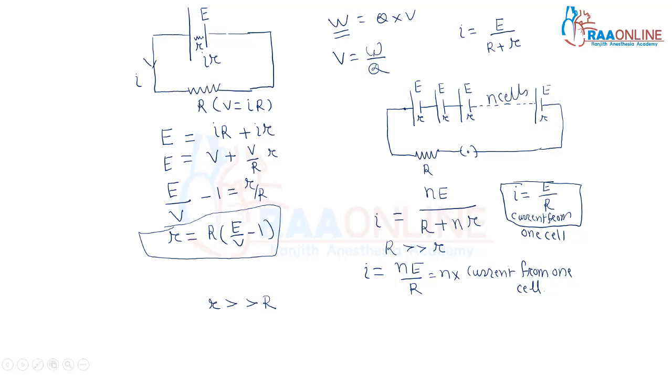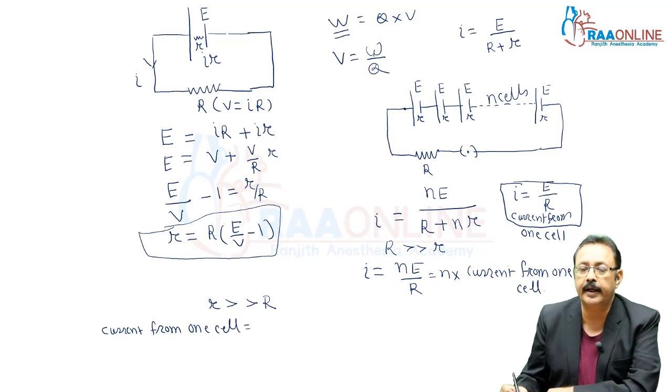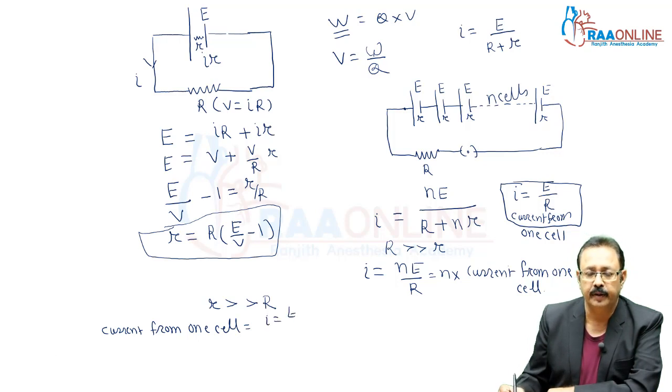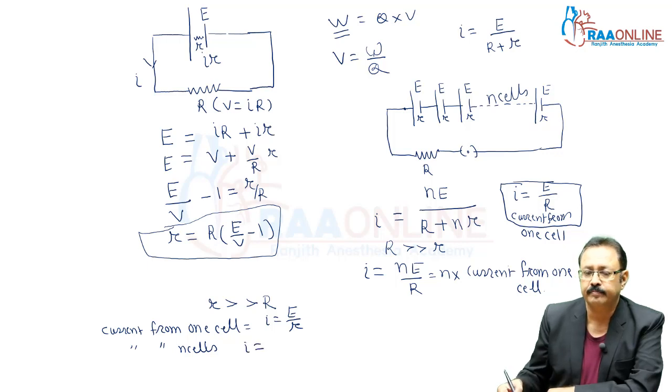The current from one cell, in this case, is I equal to E by small r, as you can ignore capital R. And the current from n cells, ignoring capital R, you will get nE upon nr, which is E upon r, again the same current.